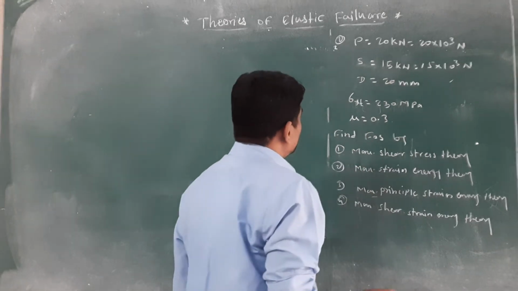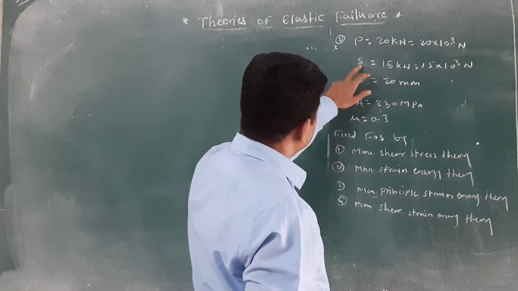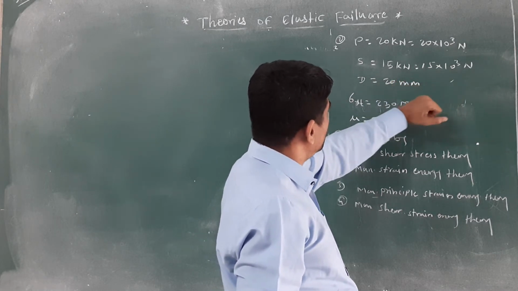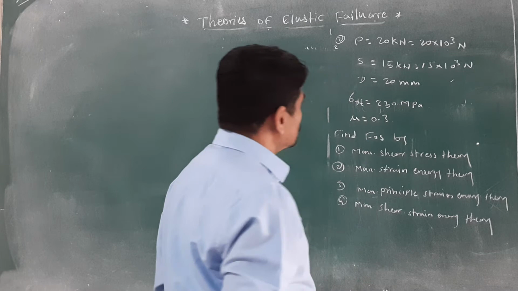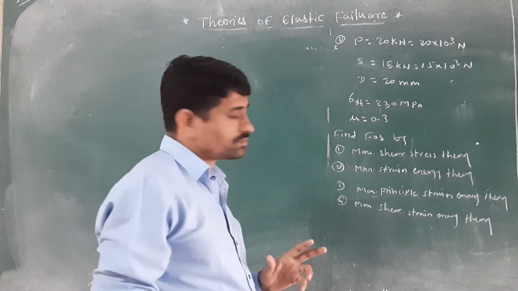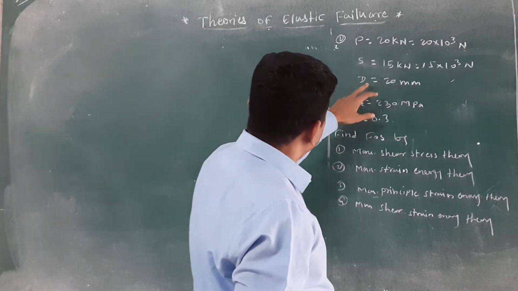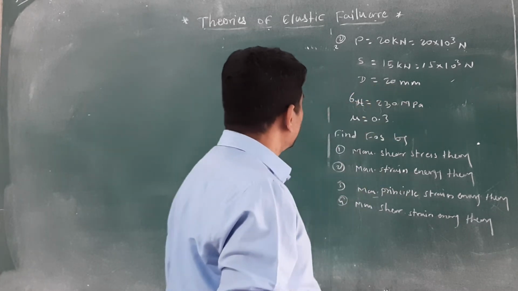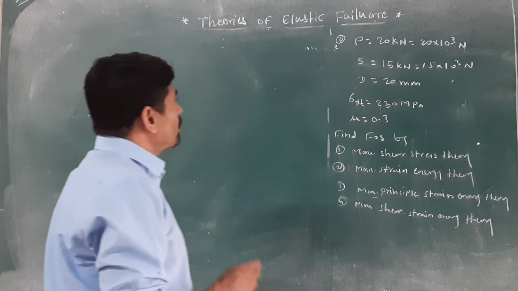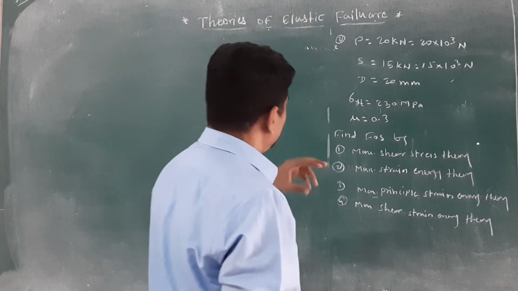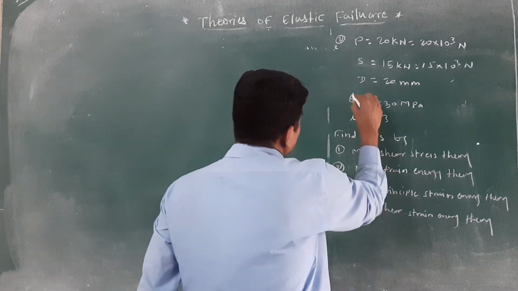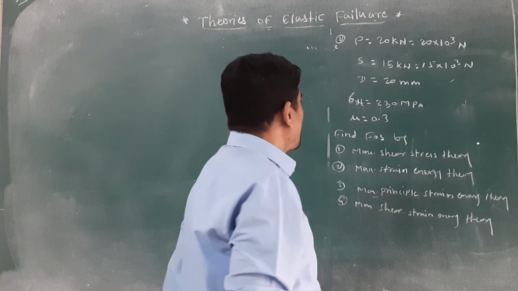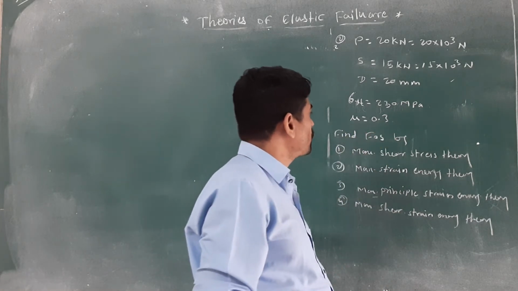Then the shear force is given as 15 kilonewton, that is 15 into 10 raised to 3 newton. The circular shaft has a 20 mm diameter, and the yield stress of the specimen is 230 MPa, and they have given the Poisson's ratio 0.3.